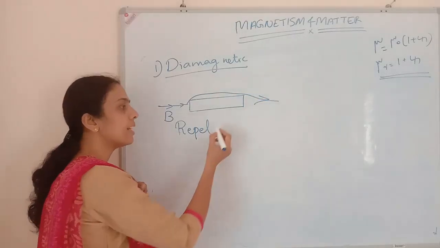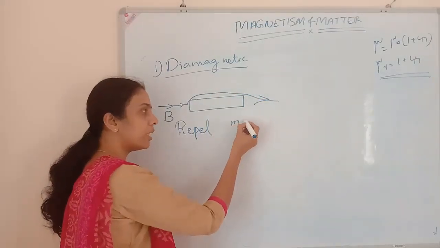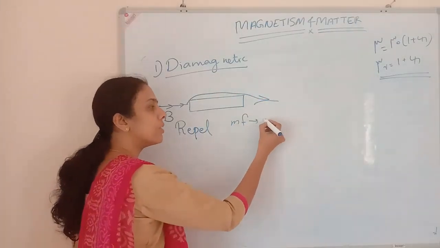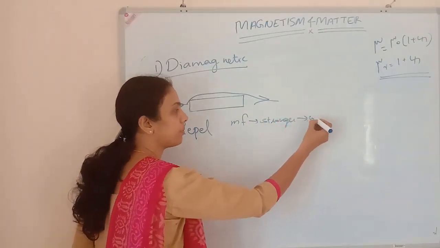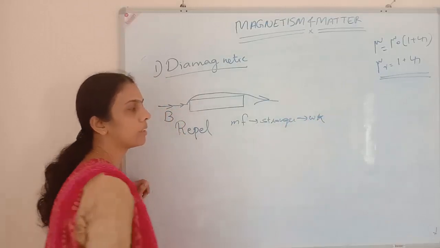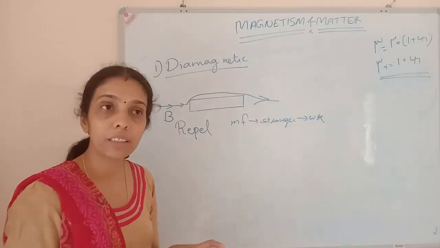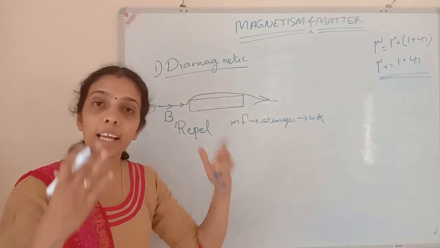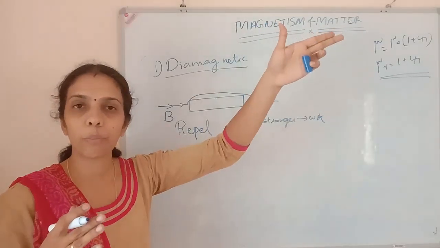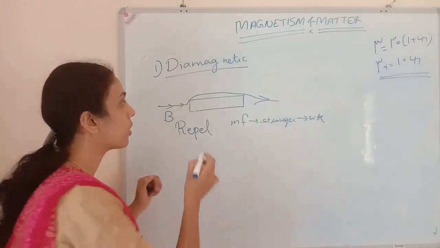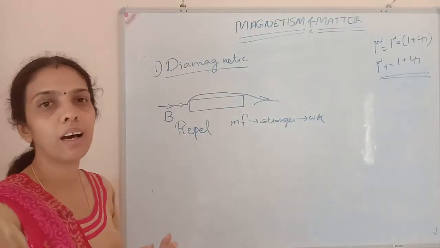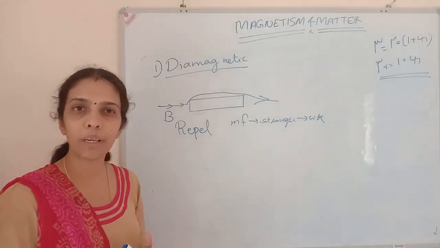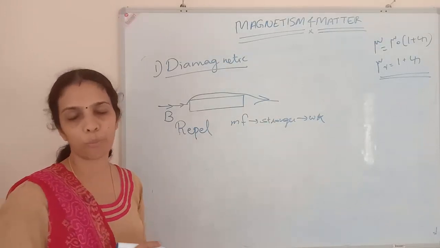The magnetic field will be moving from the stronger to the weaker part. So in which direction will this field go? Towards the weaker side. It will repel out from this magnetic material, so it will have the least magnetic properties.